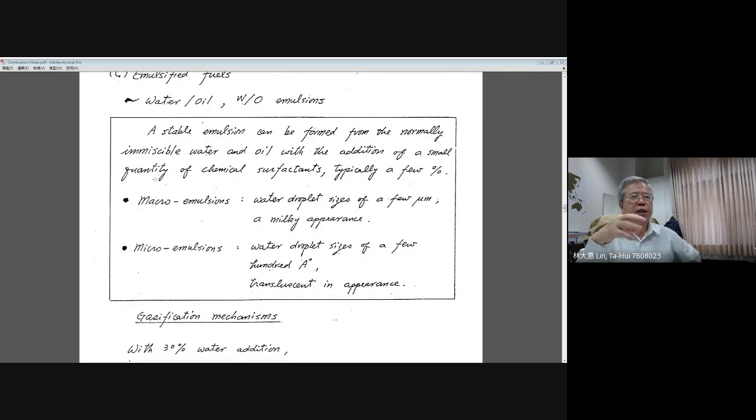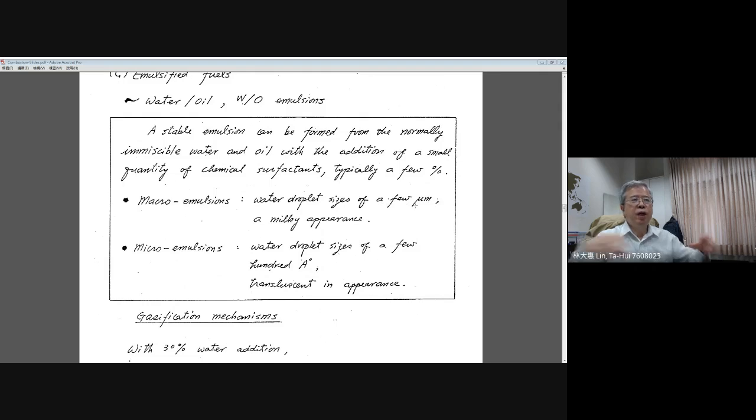Usually, they will add a certain amount of chemical surfactants so the molecules of water and the liquid fuel can mix well together, but they need different kinds of mixing energy. If you use less mixing energy, the mixing is basically what we call macro emulsions. The droplet size will stay around a few microns.